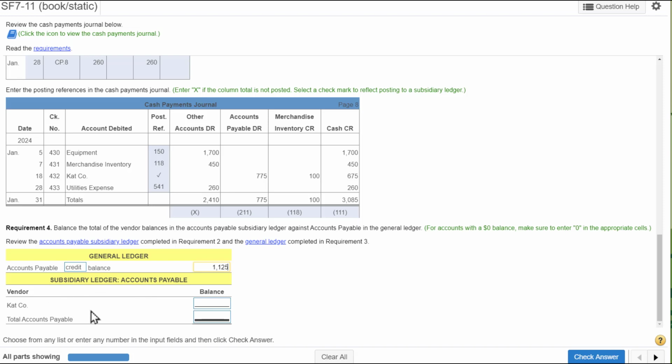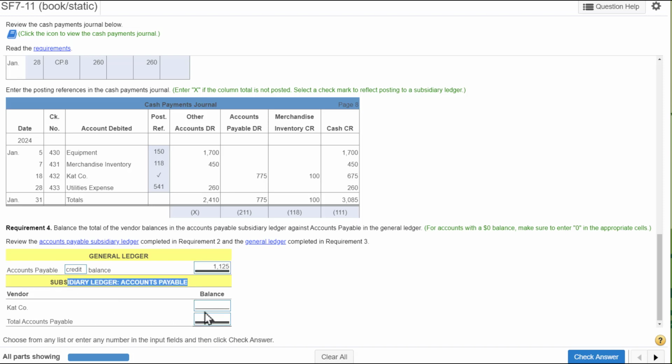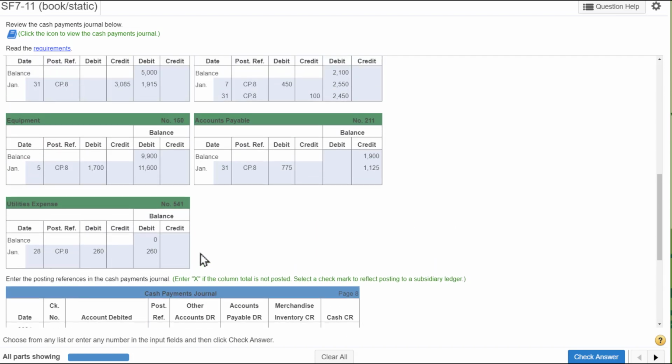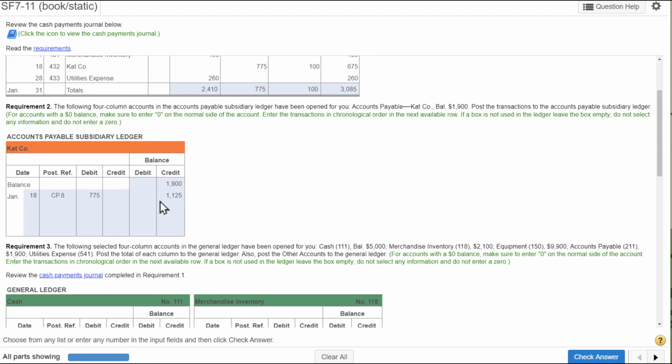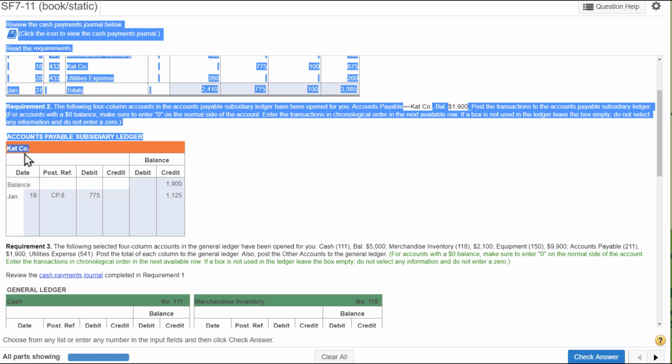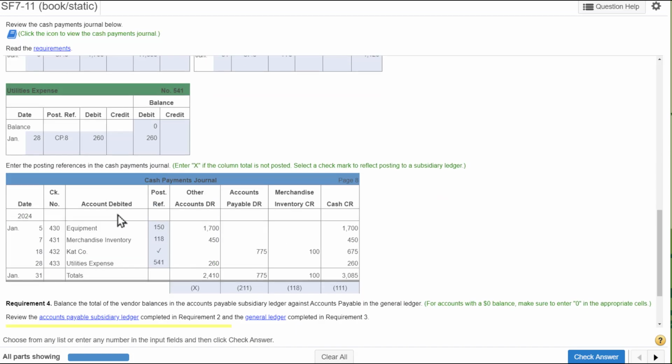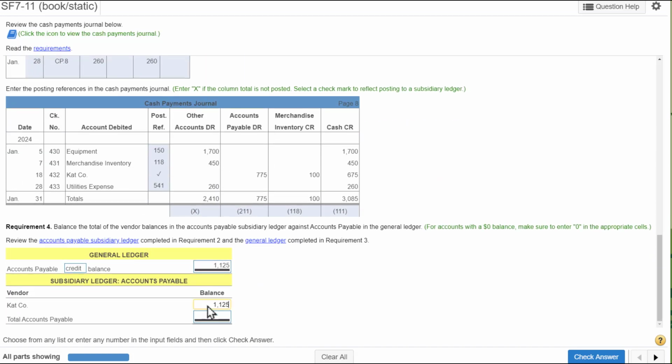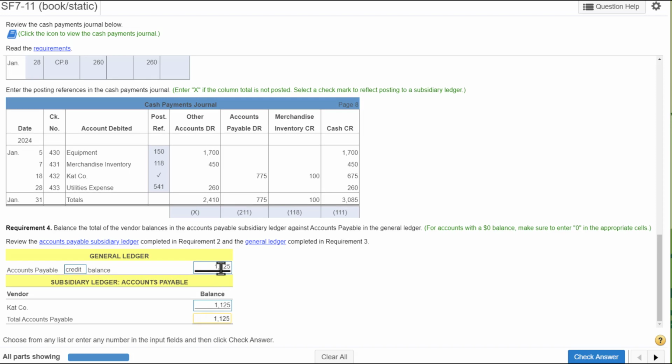And then we have to go to the AP subledger and make sure its totals of all of the vendors is the same. So we're going to go up here to the AP subledger, and here is 1125 credit for Cat Company, and that's the only vendor we have. And fortunately, that does match.